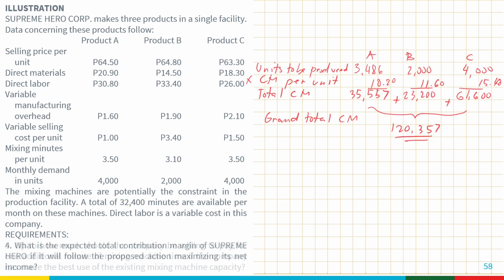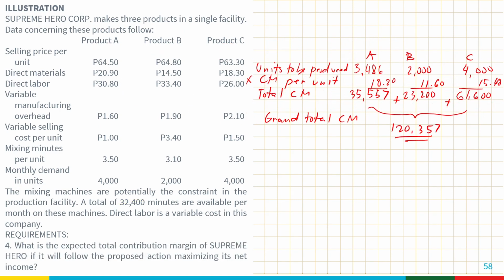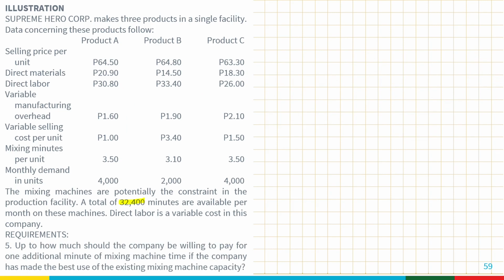Yung nandun sa kanina, that would be this one, 2.91. Okay? Yung contribution margin per unit of product C, or per scarce unit of product C, yun yung acceptable sa atin na maging cost nitong additional minute na available na mixing capacity.